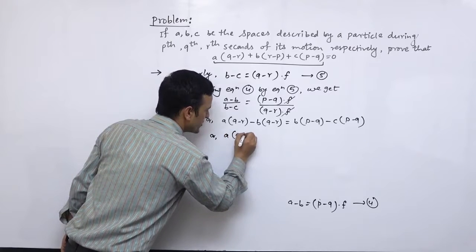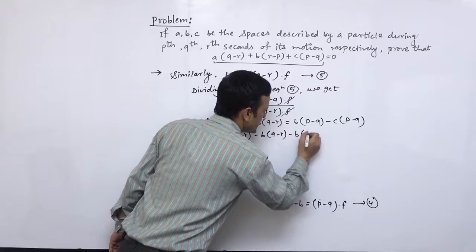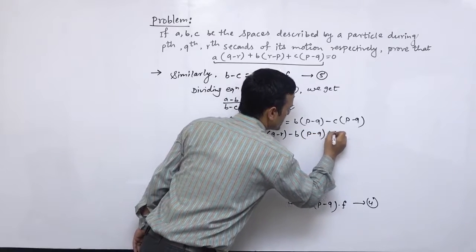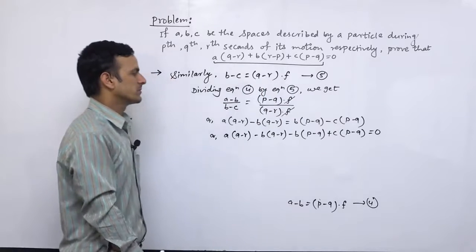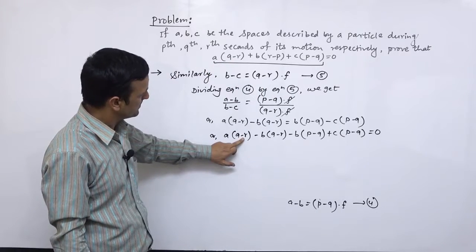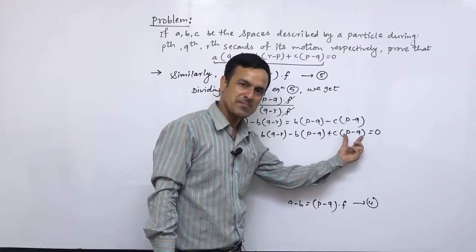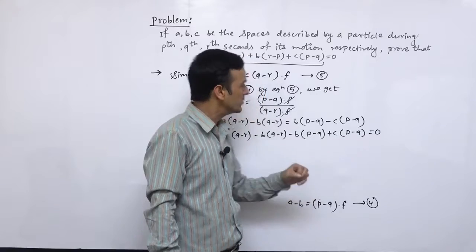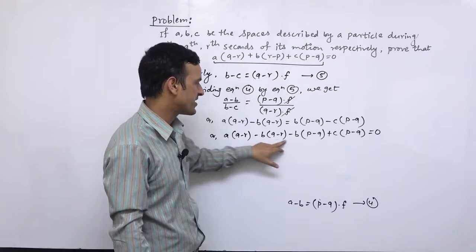A times Q minus R minus B times Q minus R minus B times P minus Q plus C times P minus Q is equal to 0. So A times Q minus R, this is same, and last ma C times P minus Q, that is also same, C times P minus Q, and the middle term B times R minus P, that's R minus P chaina.